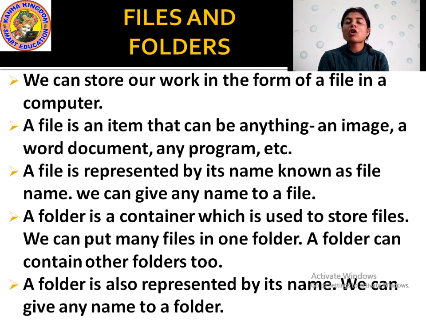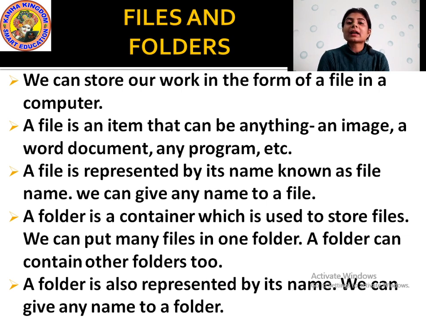There are different components of the application window, like the title bar, where the title of the application you are working in is written. Then the menu bar, which is located below the title bar and contains many options.